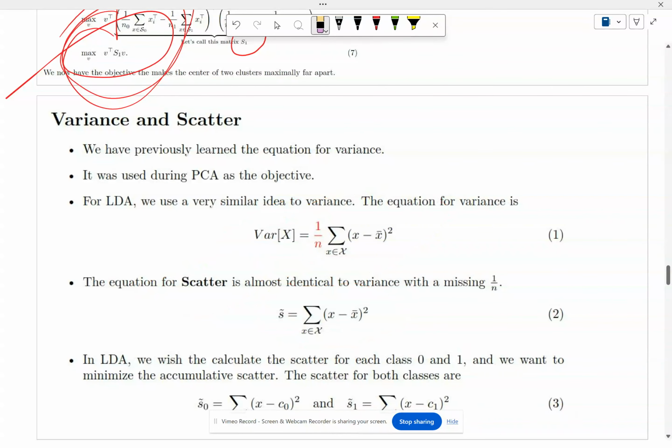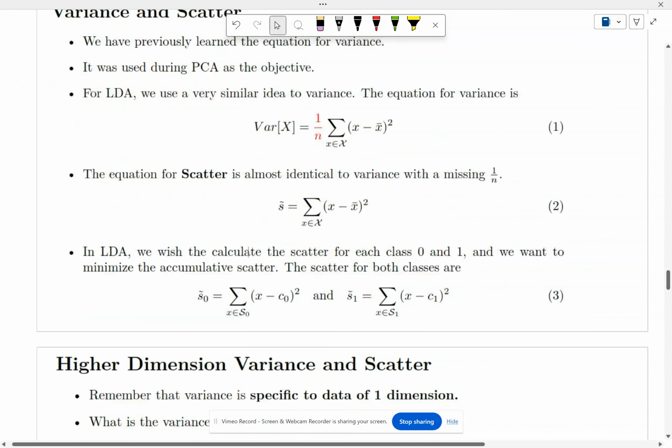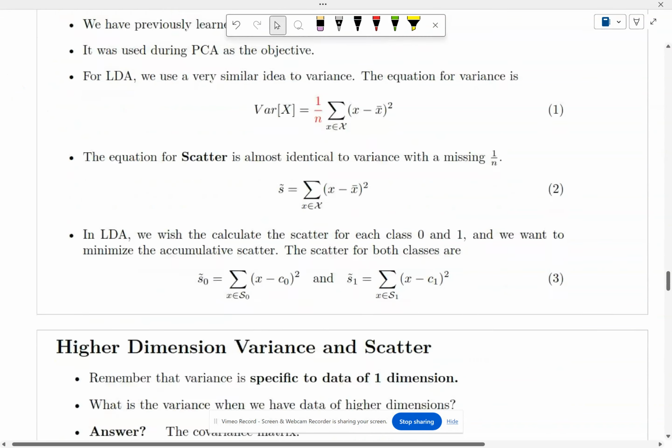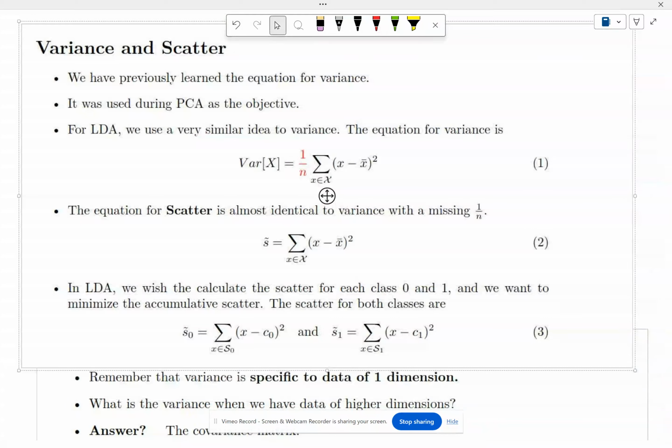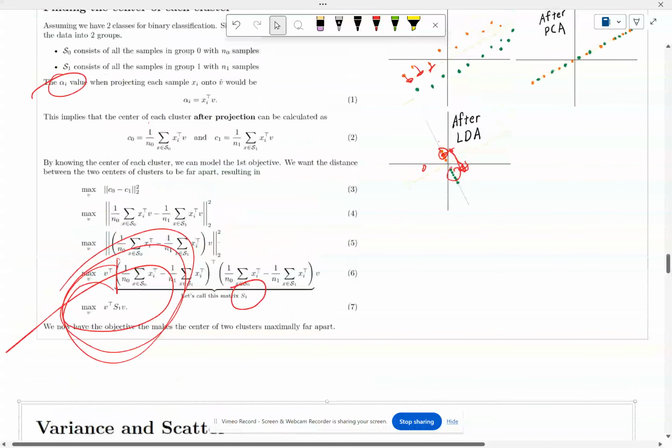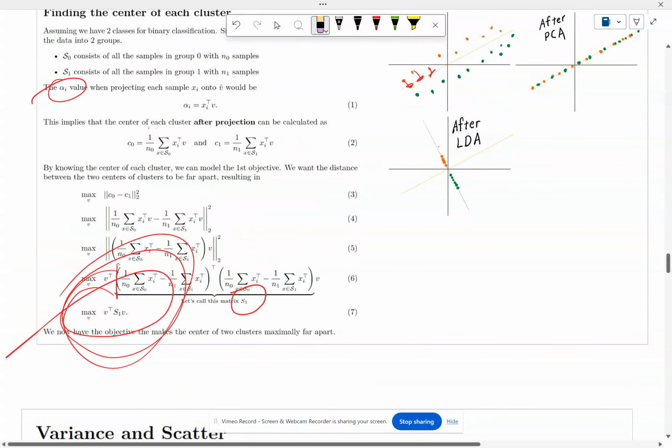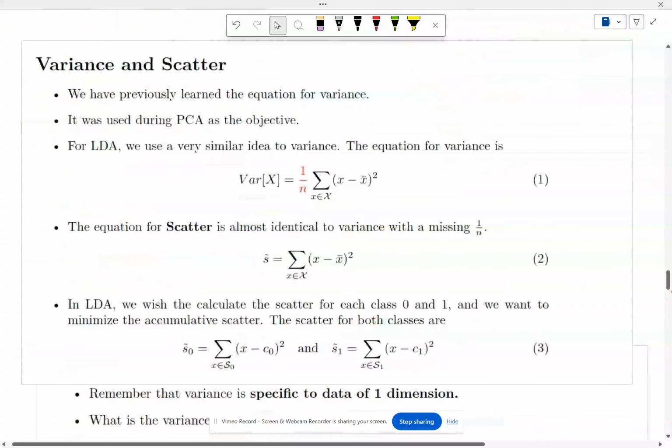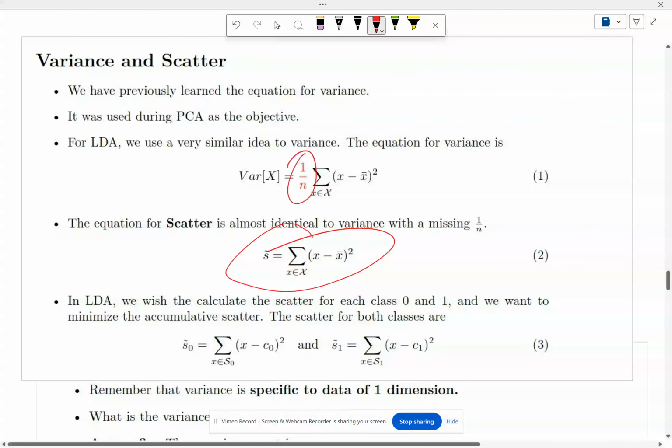Now in LDA, you can remember we are trying to minimize the variance. We want this cluster to be as tightly packed together, which implies you want the variance to be as small as possible. And therefore, if you just minimize the scatter, it's the same as minimizing the variance. So it's like the same equation without this.